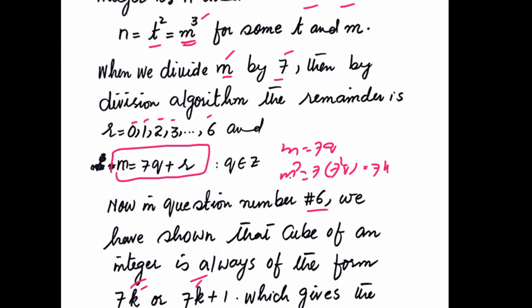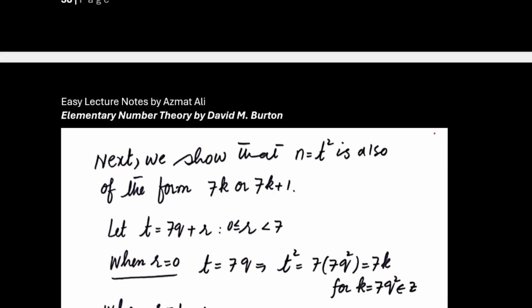Similarly, when you put r equal to 1, you have m equal to 7q plus 1. When you take m cube, it will again have the form 7k plus 1. So in each case, when you put r, you can find an m, and its cube is always of the form 7k or 7k plus 1, and finally your n has the form 7k or 7k plus 1 because m cube is equal to n.